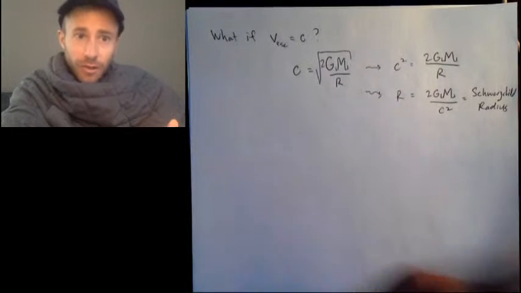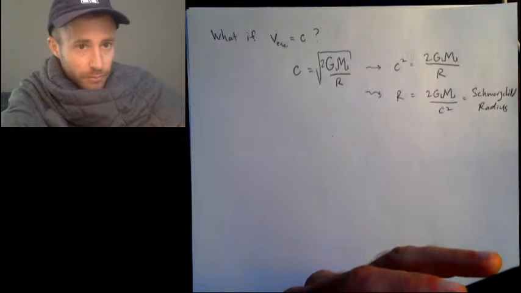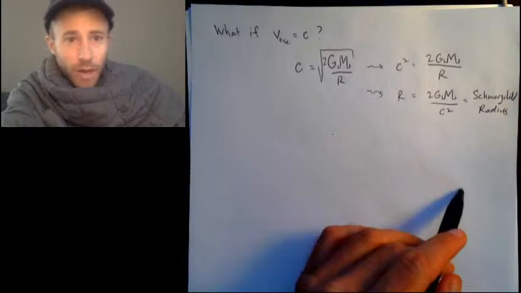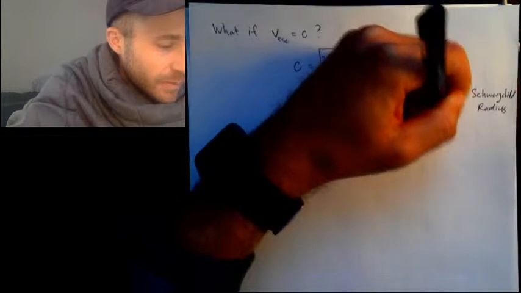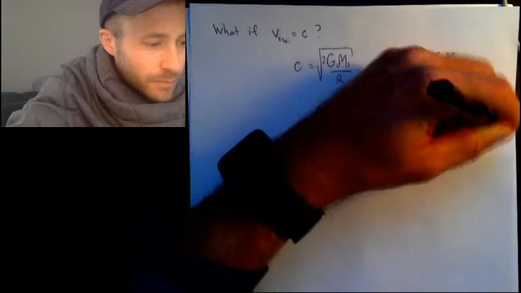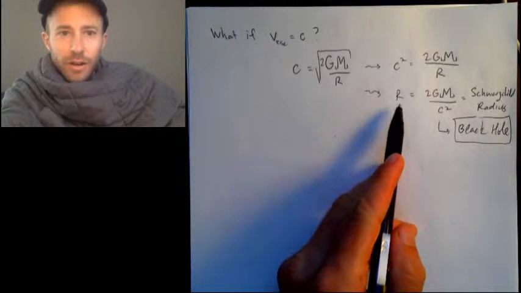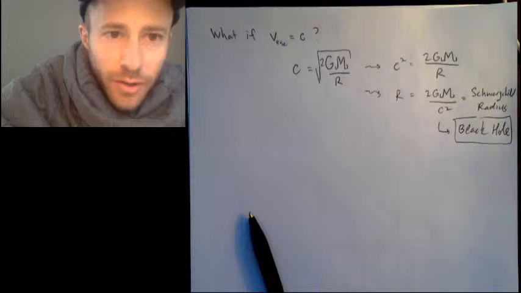In other words, since nothing can go faster than the speed of light, nothing could escape. So what you would have is a black hole. This equation sort of hints at the existence of black holes. So this is the radius of the black hole.